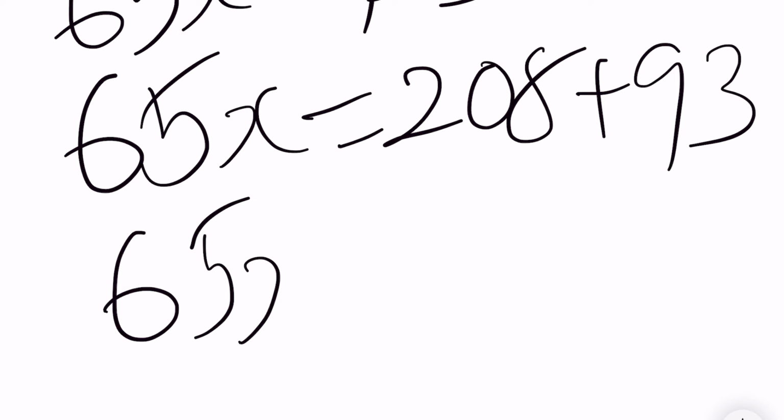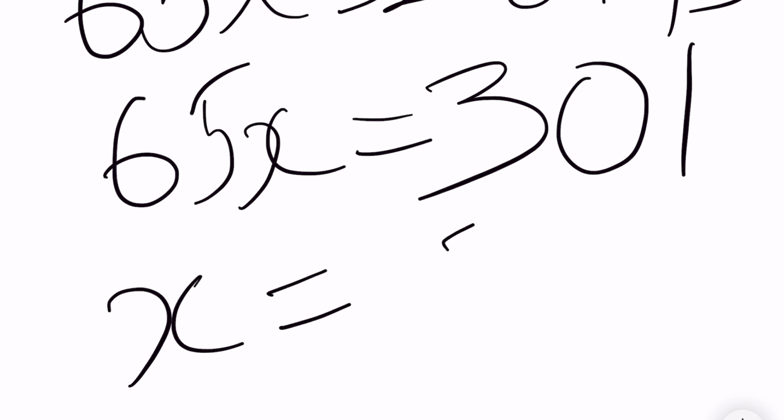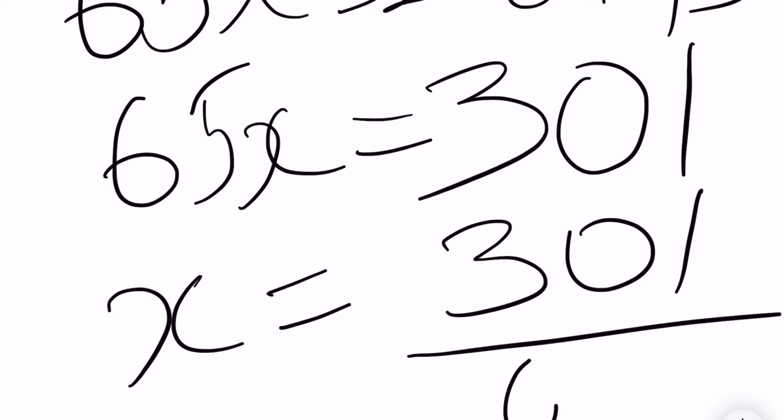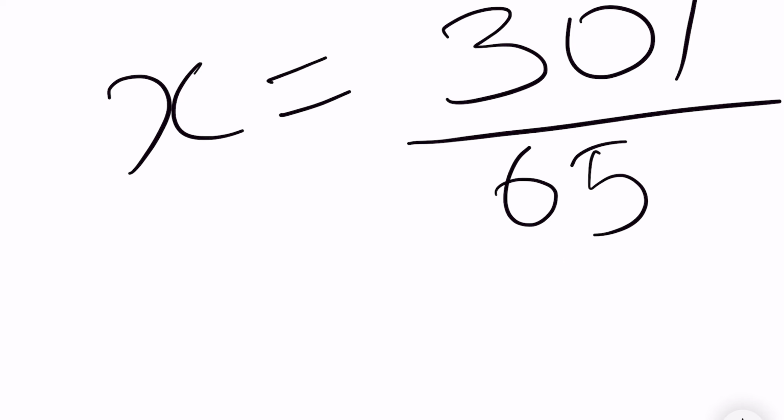So we have 65x to be 301, and x is 301 divided by 65. So we can just make it a mixed number.